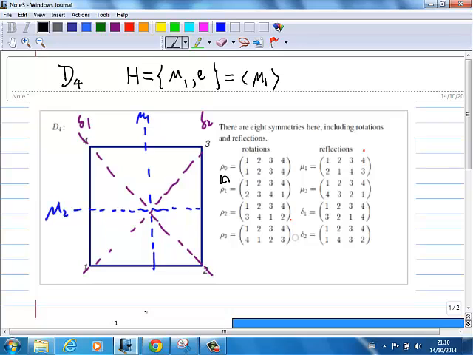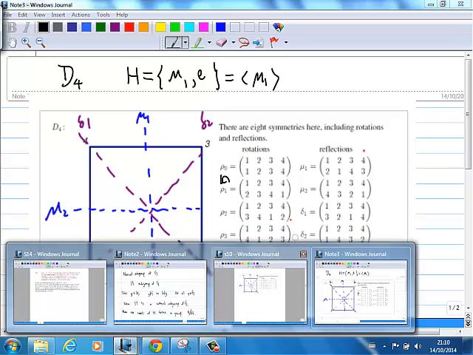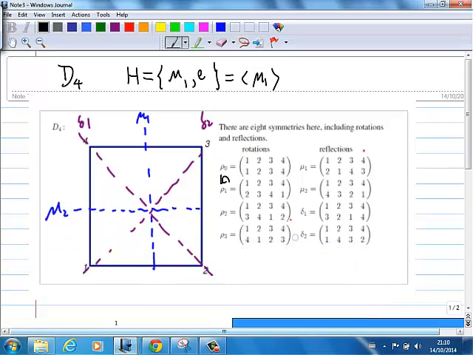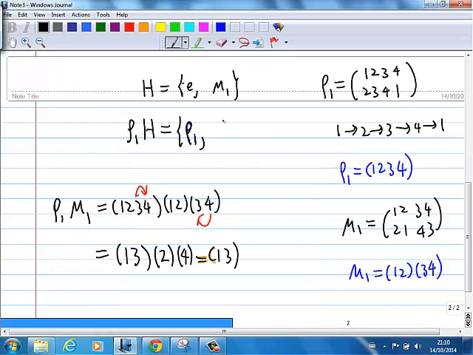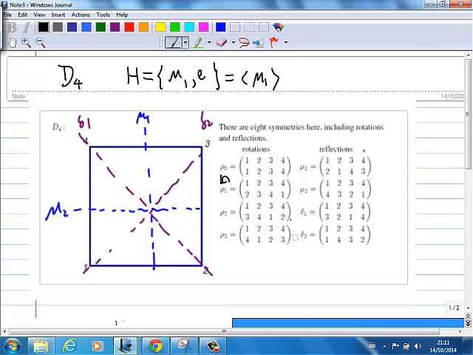I find that this is delta 1. Okay, delta 1. The left coset rho 1 H is delta 1, the diagonal reflection, where 2 and 4 stay fixed and 1 and 3 interchange.